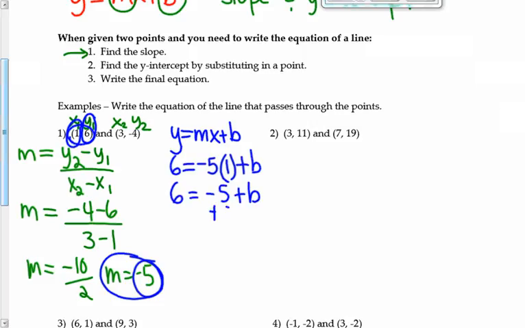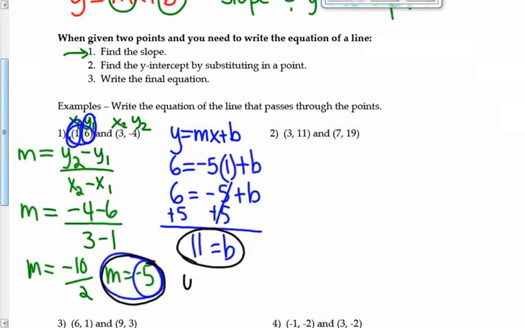So we're going to add 5 to both sides, and we get a b of 11. So now we have both pieces of information. We have our slope of negative 5 and our b of 11. So now we're ready to write our equation of our line. So our equation is y equals negative 5x plus 11.